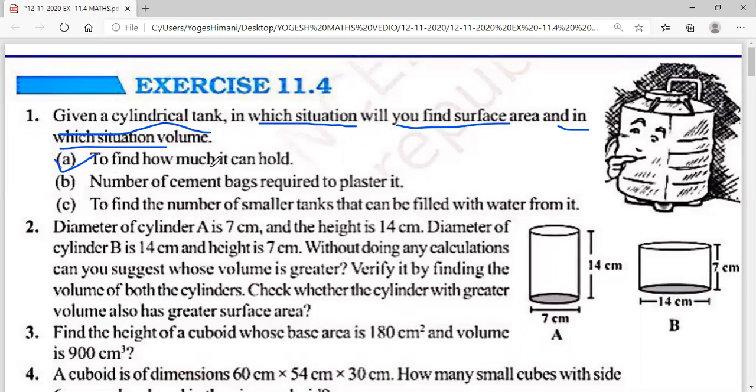To find how much it can hold means its capacity. Capacity means volume. Next, the number of cement bags required to plaster it. And to find the number of smaller tanks that can be filled with water from it.